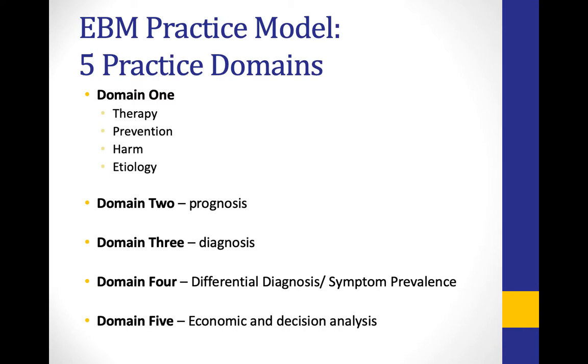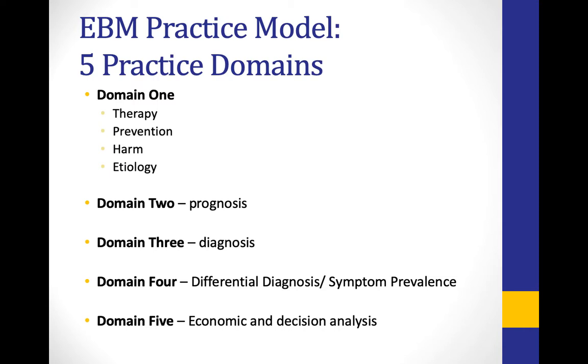We can also do research or use existing study results to help determine the cause or etiology of certain diseases, impairments, or conditions. Domain 2 creates or utilizes evidence to provide a reasonable prognosis for expected recovery. This includes how long it might take the patient to recover, as well as how much functional return may occur.